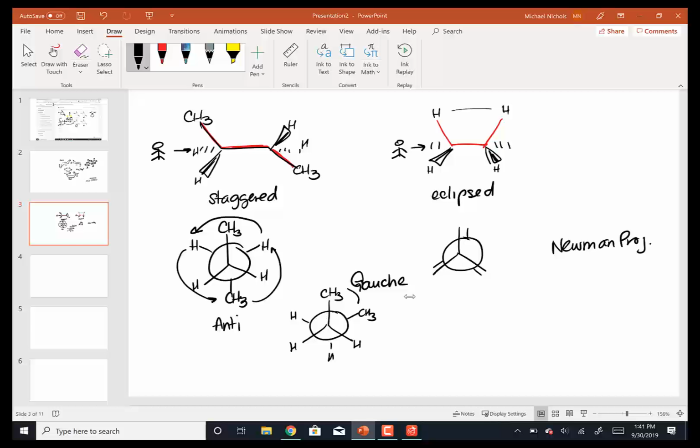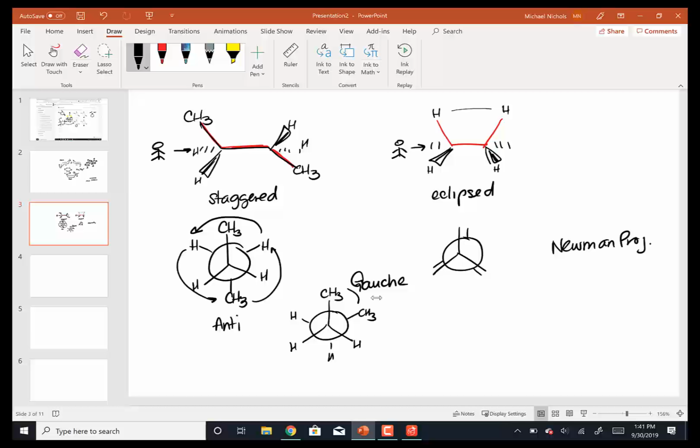For other molecules, if you have more than two groups, it's not quite clear who's gauche to who. But I can definitely say these two methyl groups are gauche. That means they're in the 60-degree position, one on the front and one on the back. And we only talk about gauche being non-hydrogen groups that are bigger than hydrogen. So we have anti and we have gauche.